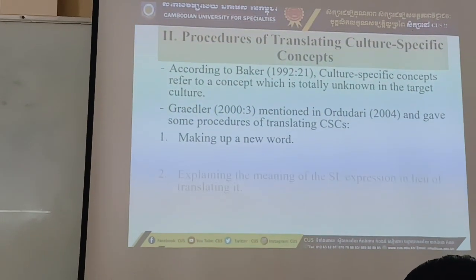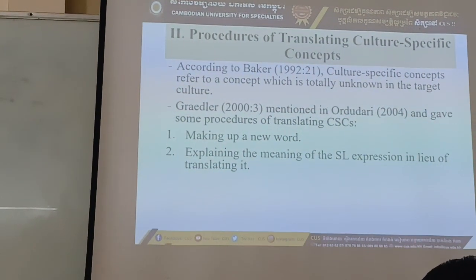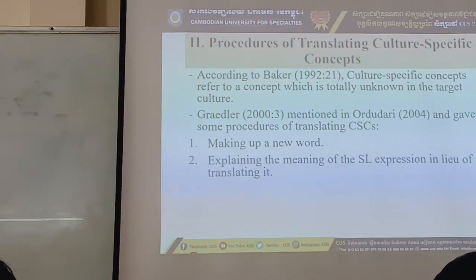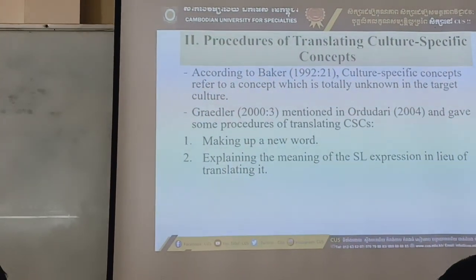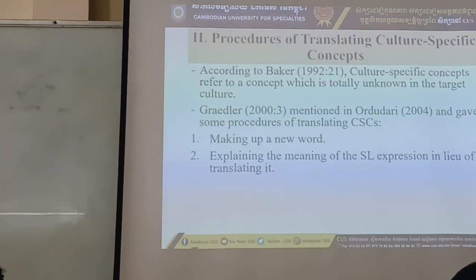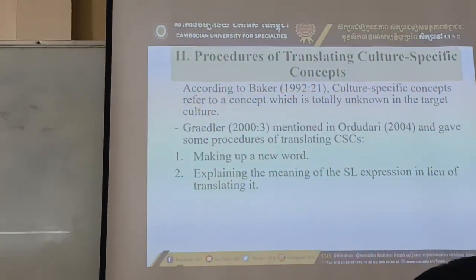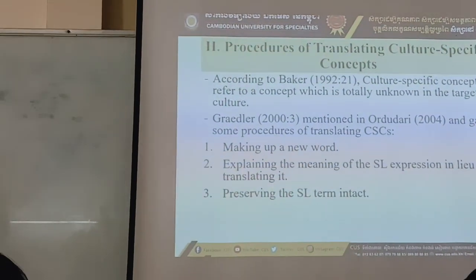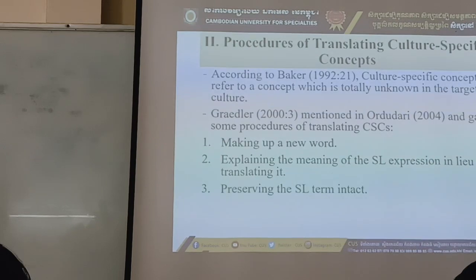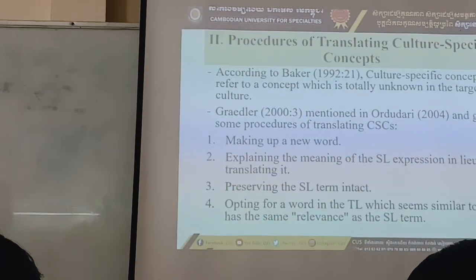One is making up a new word. Second is explaining the meaning of the source language expression instead of translating it. Third is preserving the source language term intact. Intact means the same.